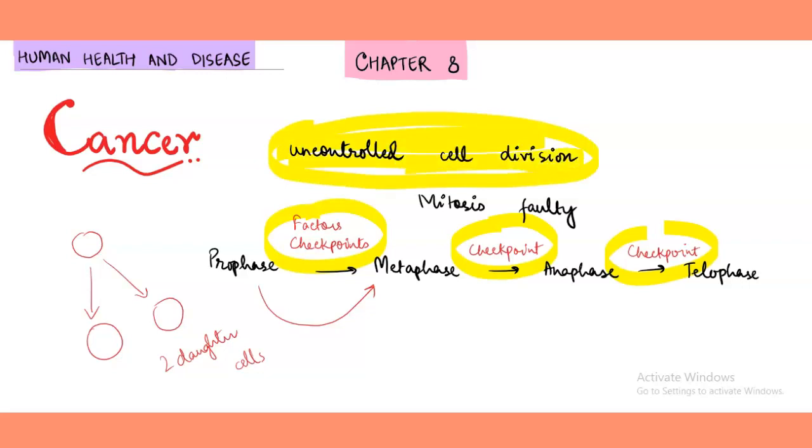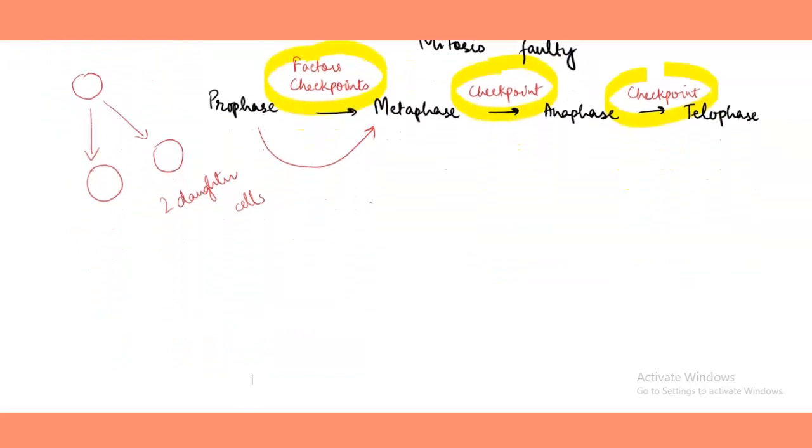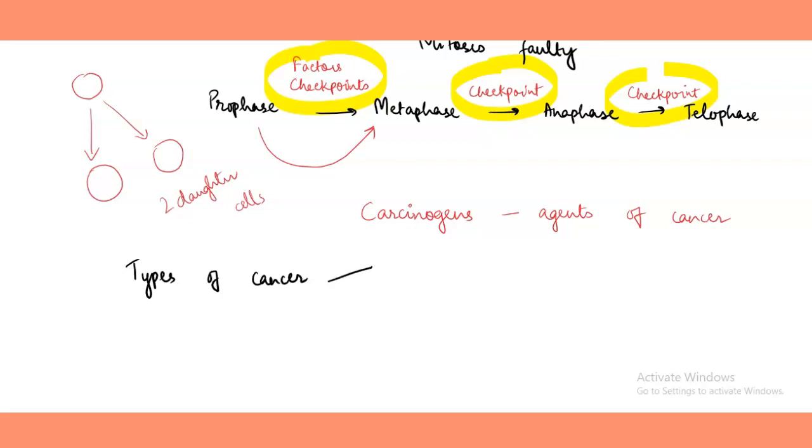Now, the agents that are responsible for giving rise to cancer are known as carcinogens. So carcinogens are the agents of cancer. And if you talk about the types of cancer, any uncontrolled division is known as a tumor. If the cells are dividing abruptly, a tumor may be seen.